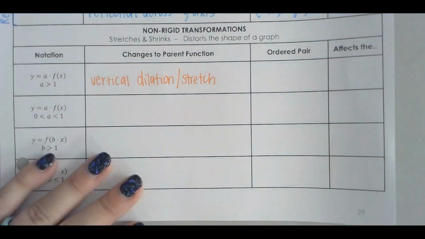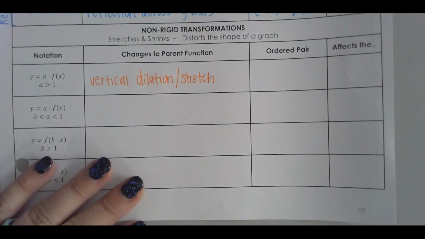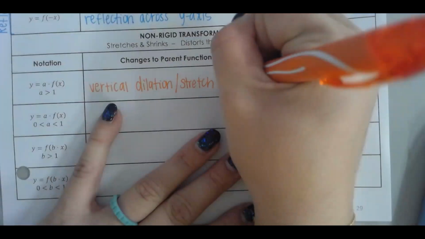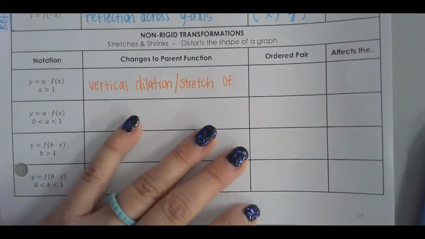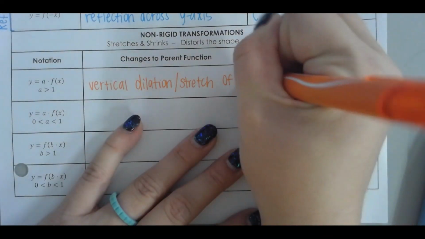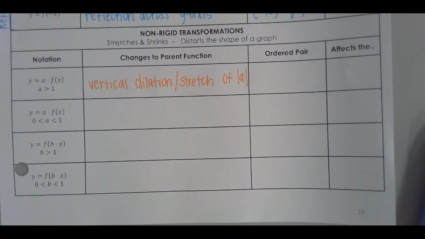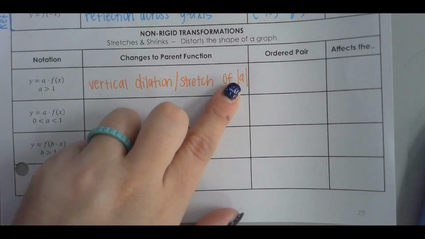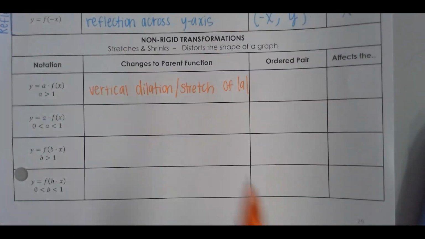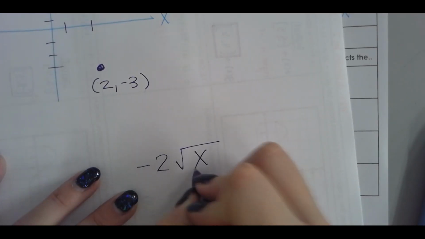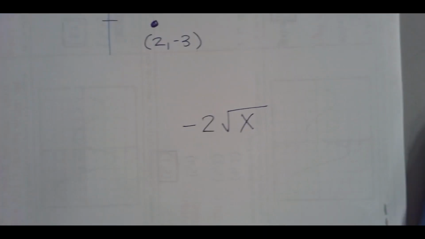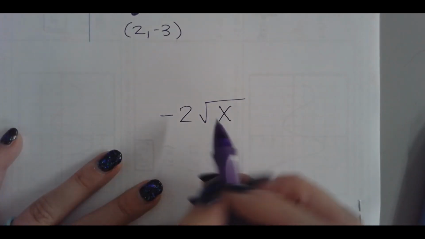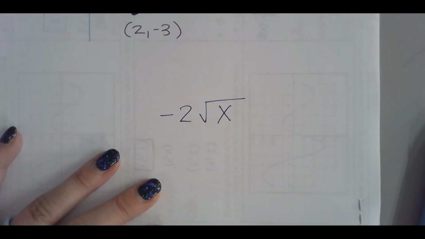Or a stretch of, and then we say it's of the absolute value of a. And the reason for that is because if you have this function right here, it looks like the -2 is what's being multiplied by the square root of x.